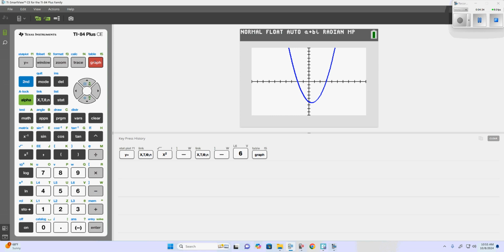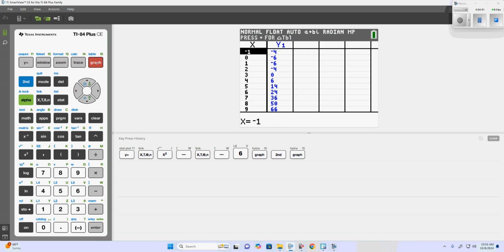We can see here that it crosses the x-axis at 2 points, yes? One of the spots is negative, to the left of the y-axis, and one is positive, to the right. Now we can try counting those over, or we can go second graph, and it will bring up a table. Again, we're looking for what values of x will make the y value be 0.